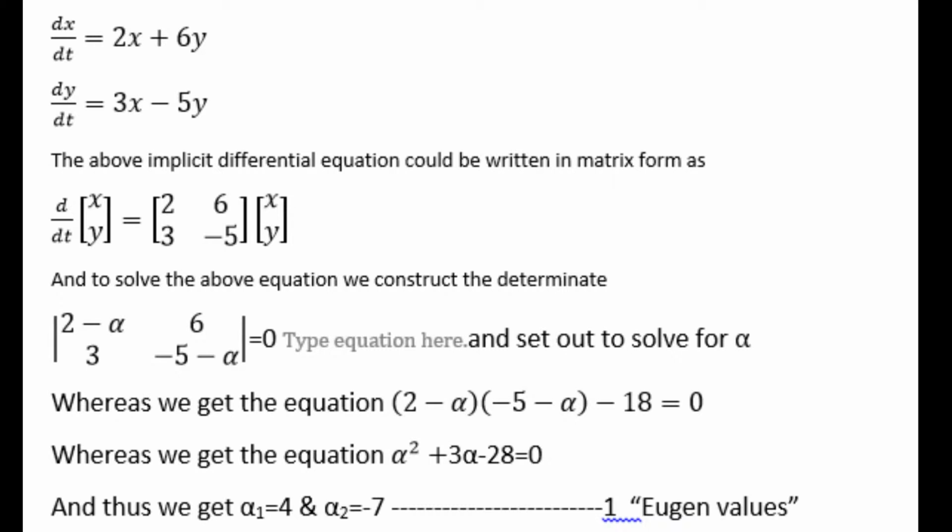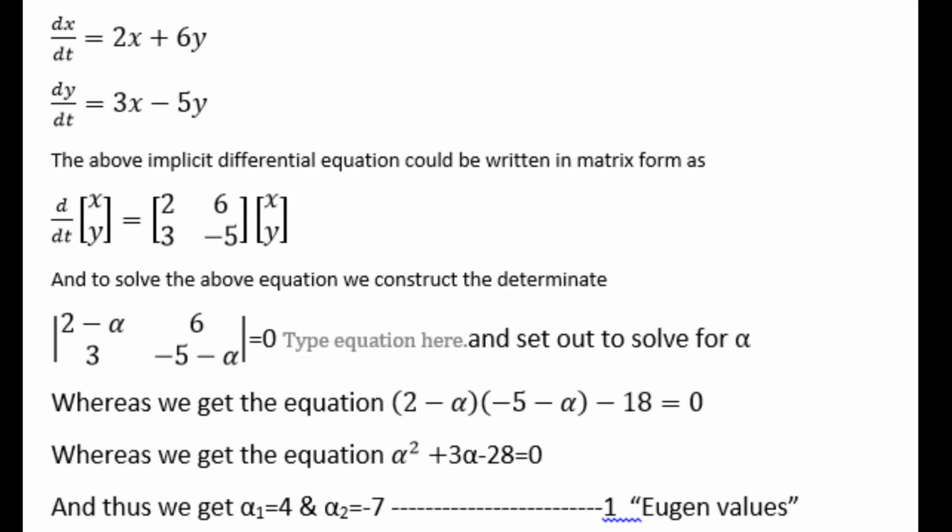And solving this simple second degree equation, we get the two roots alpha 1 equals 4 and alpha 2 equals minus 7. Let's call that 1. And the alpha 1 and alpha 2 are called the eigenvalues.